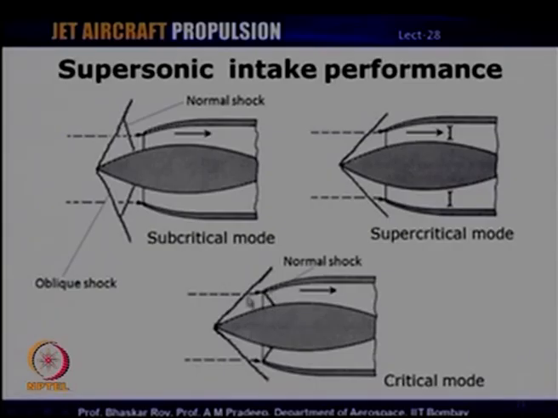Now, operation of this type of intake is also tricky, but usually the position of the ramp is adjustable. It will not be a fixed ramp, and depending upon the mode of operation of the engine, the ramp position is adjusted so that the normal shock can be fixed at the cowl lip itself, and that is where it operates under critical mode of operation.